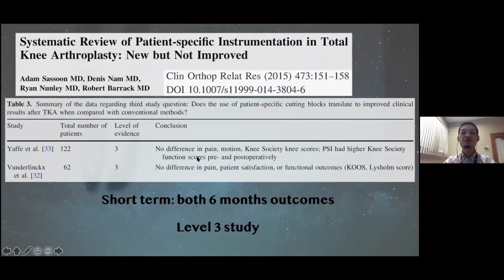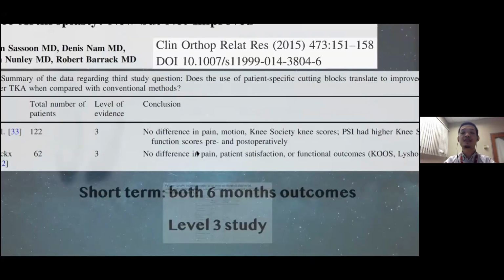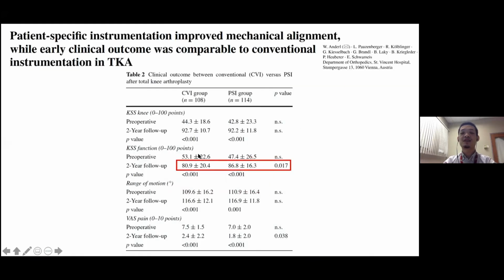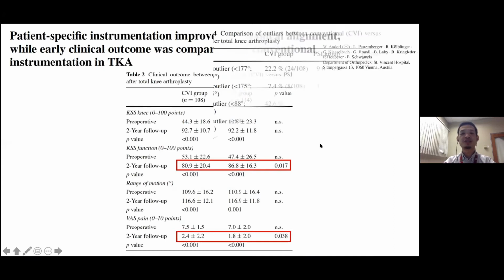When we interviewed the patients, basically what we found is that they have a slightly better, statistically significant but probably not clinically significant, improvement in their knee score function or their VAS. The knee score function improves by about 5 points, which is 5 out of 100, and VAS improved about 0.5 out of 100, which is probably not that much.